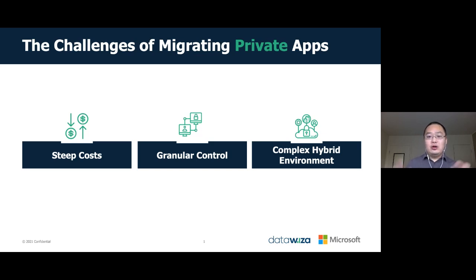But how do you connect those applications to a modern identity platform like Azure AD? The first challenge, when we talk to our customers, is that they told us it's a steep cost. How can I do that, right? So you have two options.